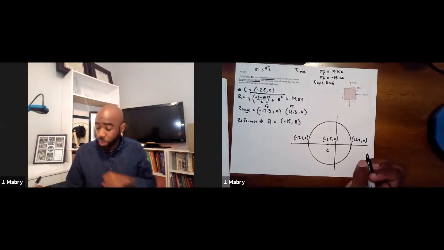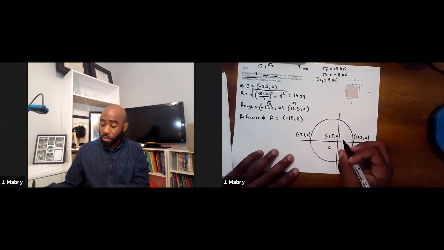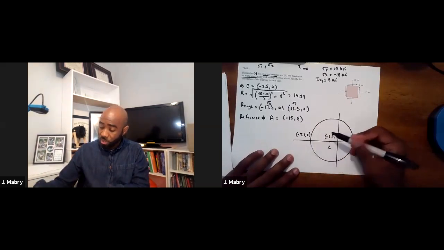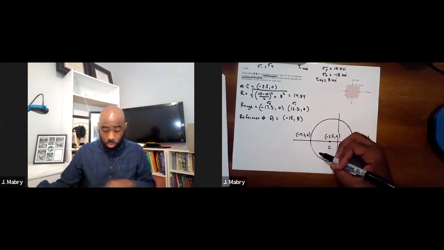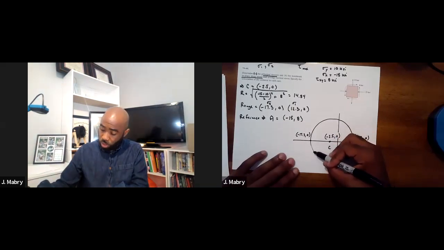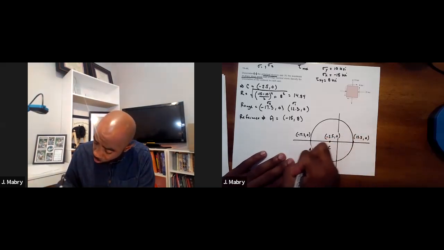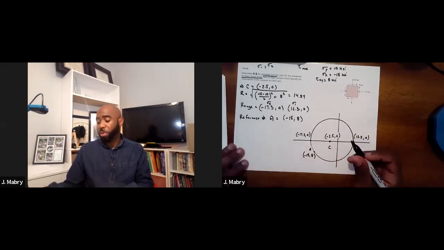Then the reference point A is going to be negative 15, so somewhere over here, and 8. So that's going to be right about here, our reference point A. That's negative 15, 8.